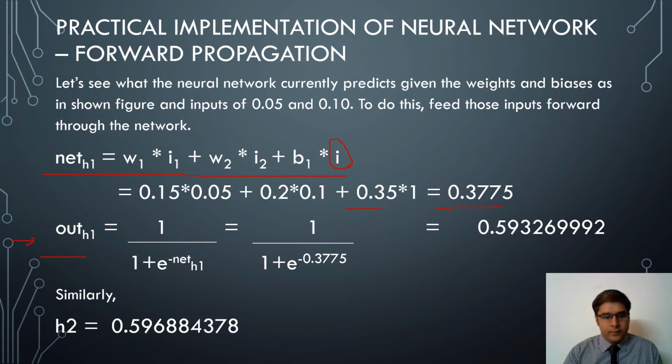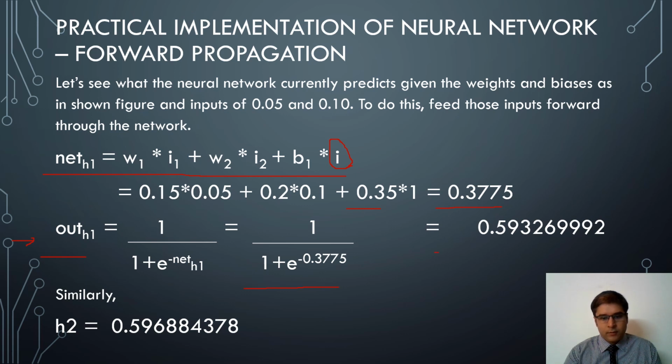Generally, we use the sigmoid activation function, and that is 1 by 1 plus e to the power minus x, where x is the local field at that hidden layer neuron node. So in this case, the local field V is 0.3775. So we do 1 by 1 plus e to the power minus 0.3775.